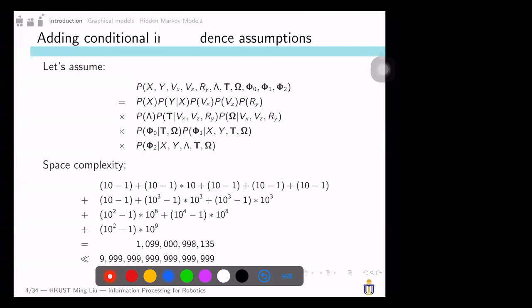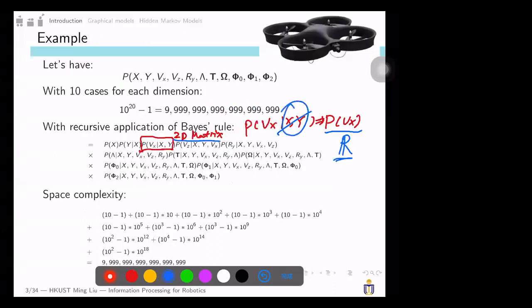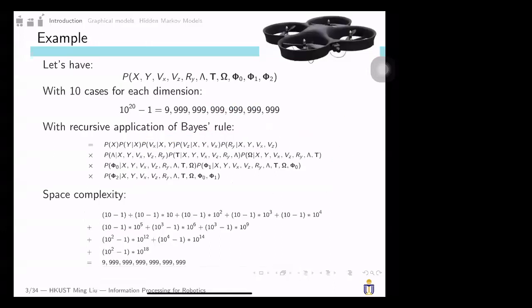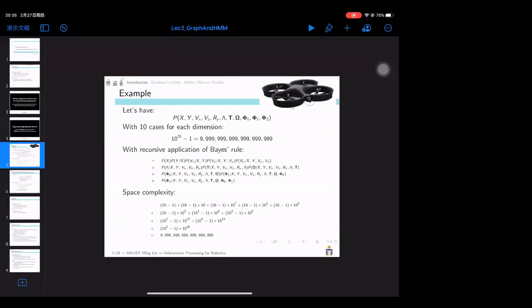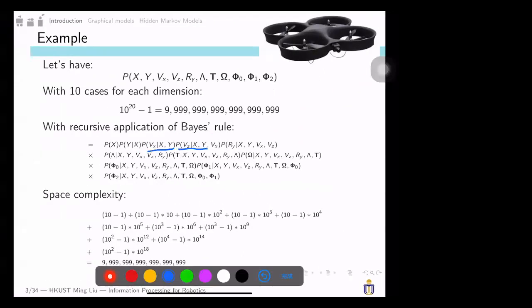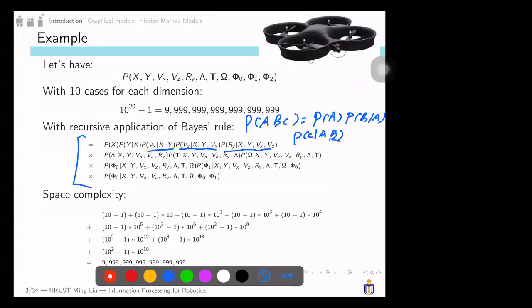Good. And with this simplification, let's say velocity is nothing about x, y, and rotation nothing about x, y. See, previously we consider all these variables, they should be dependent. Why that? Because following the recipe, P(ABC) is P(A) times P(B given A), and P(C given AB). All right? We don't know what's the physical meaning of A, B, and C, so we can only write out this giant equation.